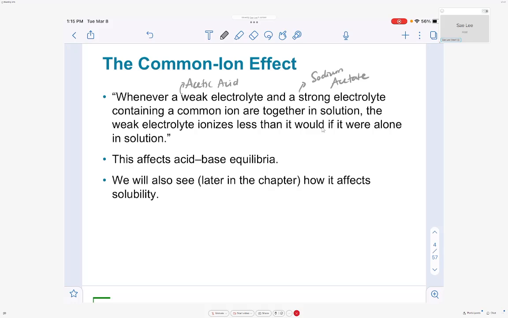Containing a common ion, what's the common ion? Acetate, right? Whenever a weak electrolyte and a strong electrolyte containing a common ion are placed together in an aqueous solution, the weak electrolyte, acetic acid, ionizes less than it would if it were alone in the solution. Okay.